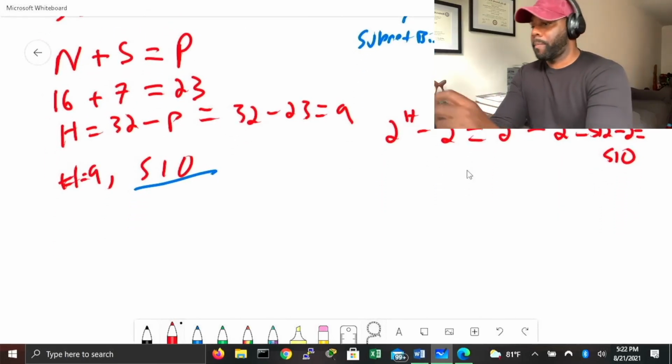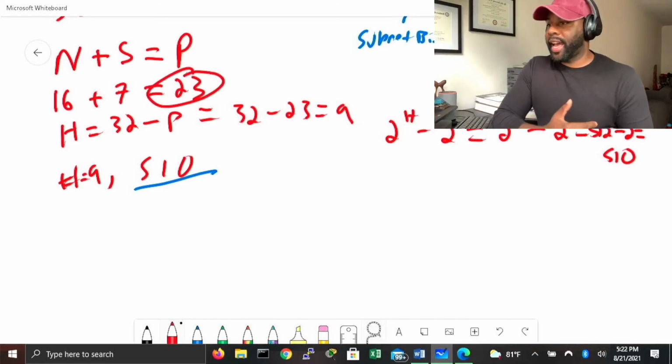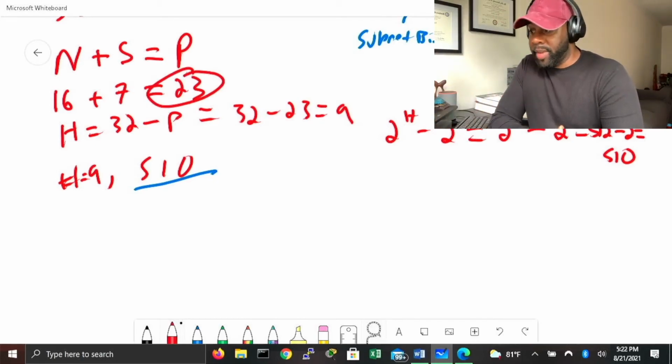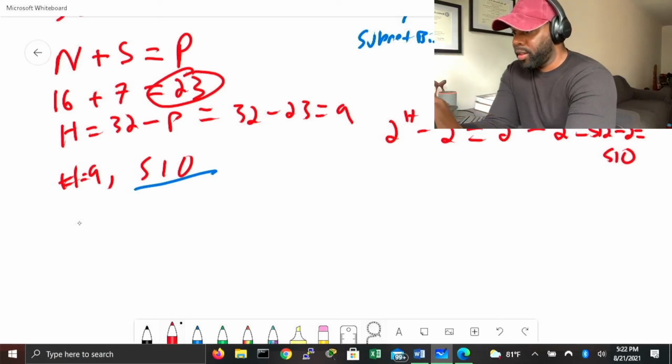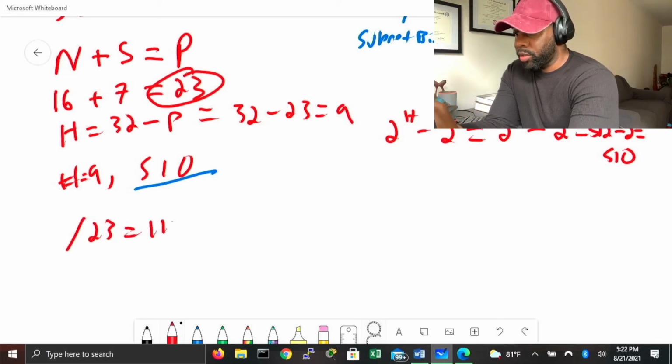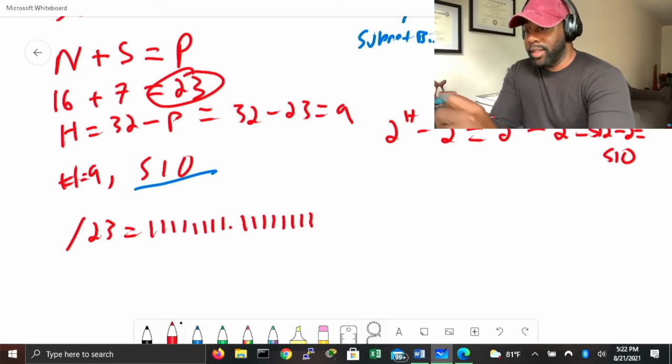But let's see. What is /23? The slash mask tells us that 23 ones are turned on. But let's have some fun with it. It's /23, so it's 1, 2, 3, 4, 1, 2, 3, 4, 1, 2, 3, 4, 1, 2, 3, 4. That's 16 ones.